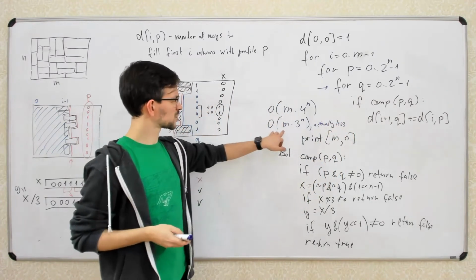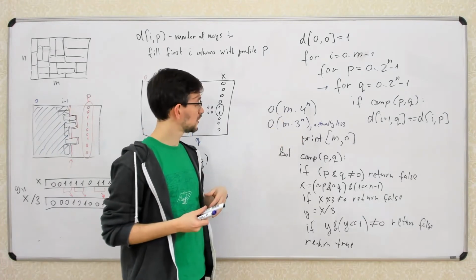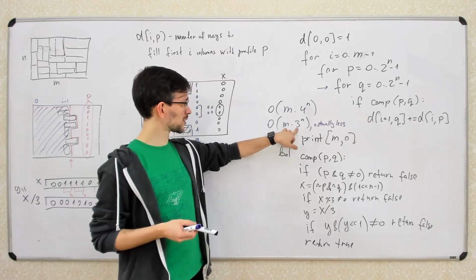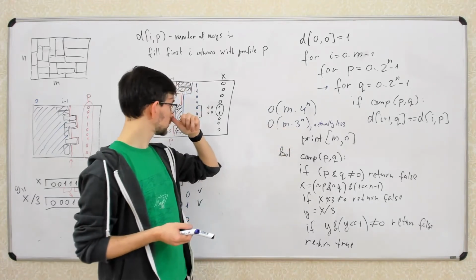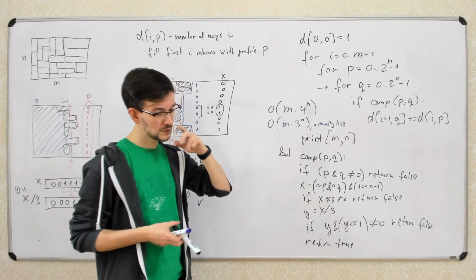So it's actually 2 point something in power of n. I'm not sure what exactly the constant should be here, but you can think about this.